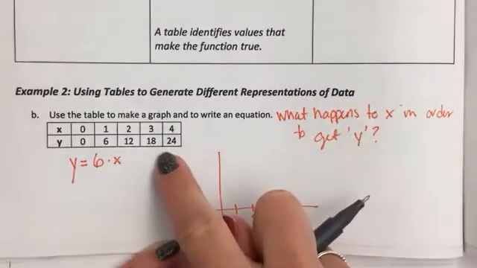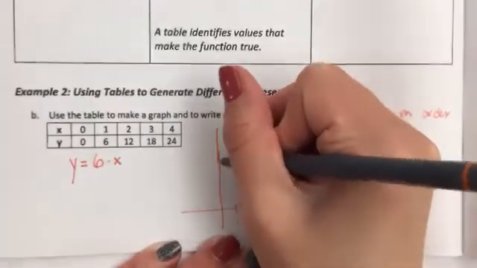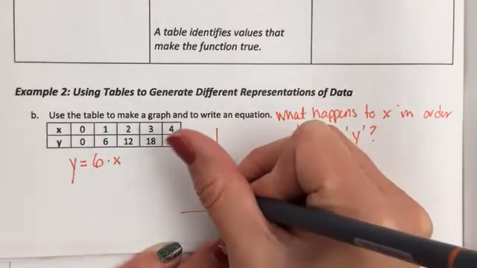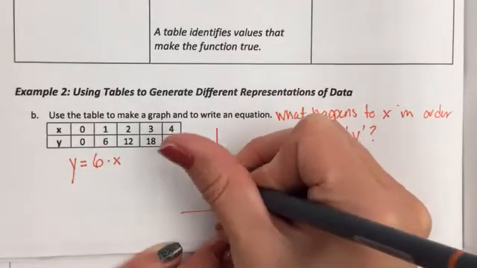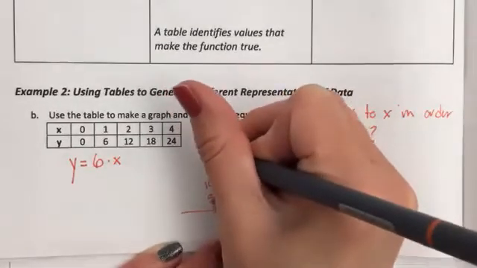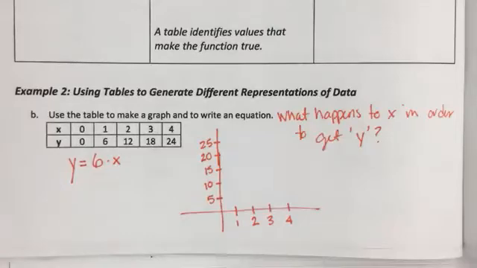But on my y's, I have to go up to 24. So I'm actually going to go by a larger number. So maybe I'd go by 5s. 5, 10, 15, 20, and 25.